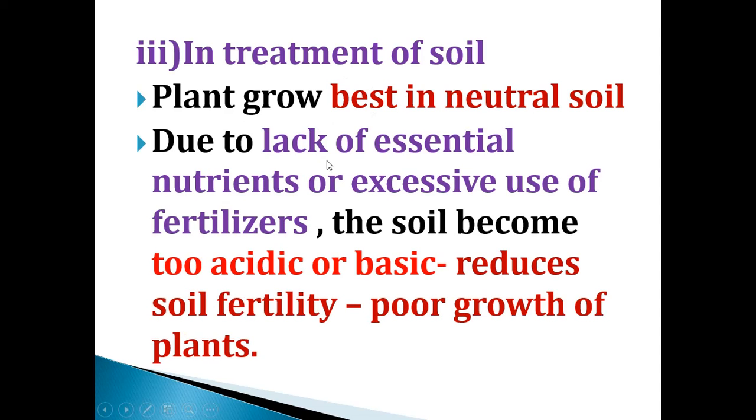But due to the lack of essential nutrients or excess use of fertilizer, the soil becomes too acidic or too basic, which reduces the soil fertility and leads to poor growth of plants.